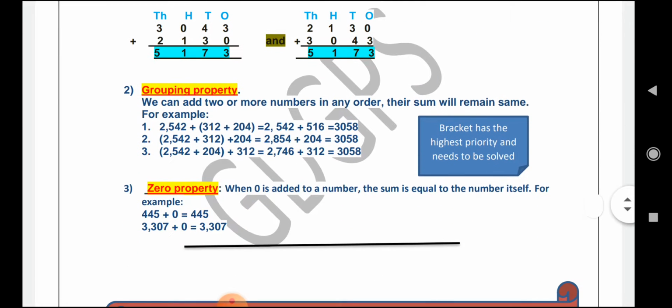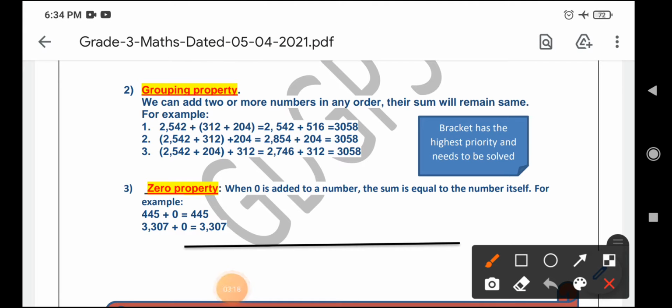Coming to grouping property, we have numbers more than 2, like 2542, 312 and 204. We have many options to add this. We can add first two numbers or second two numbers.